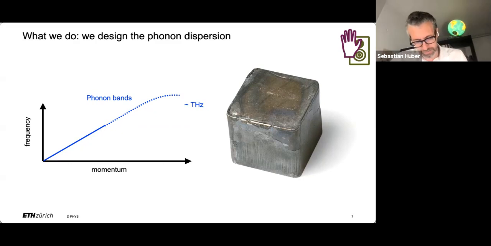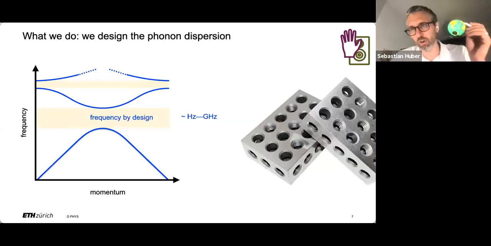And I think that's best summarized in this slide, where you have here the phonon dispersion in some material. Let's call this a material. And then your phonons typically are just linearly dispersing, and at some point they reach the zone boundary and max out, typically in the terahertz range. So that's just a material God-given. And what we do is we drill holes. Huh?